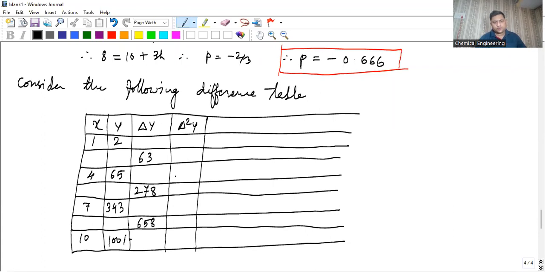What is this difference? 115. 380. This is 380. Yes. We have the third order difference. What is this difference going to be? 165. That's good.